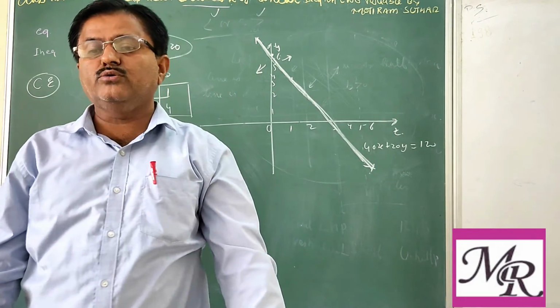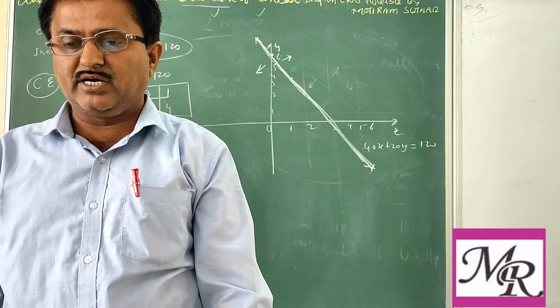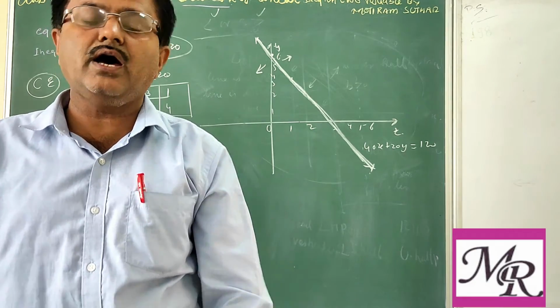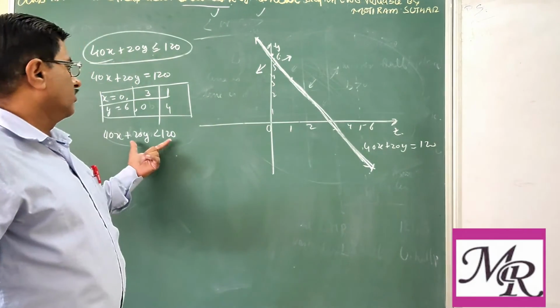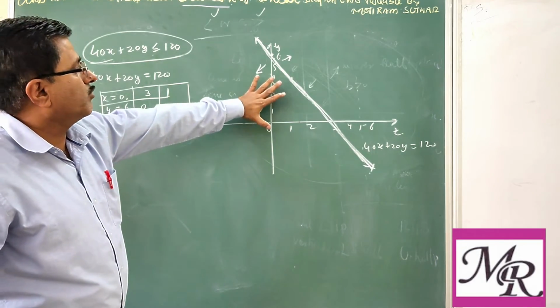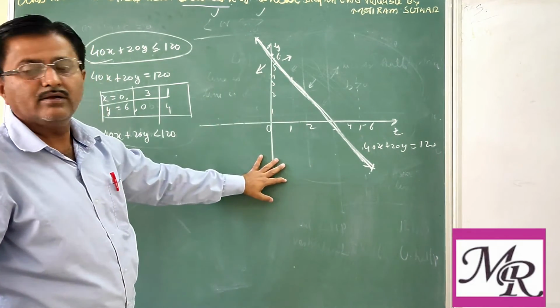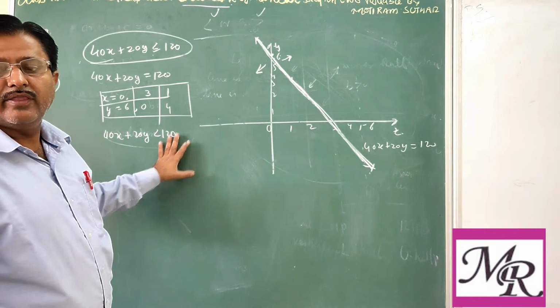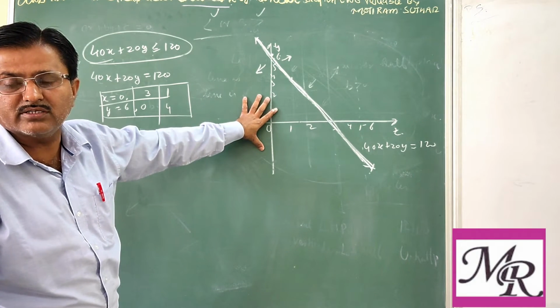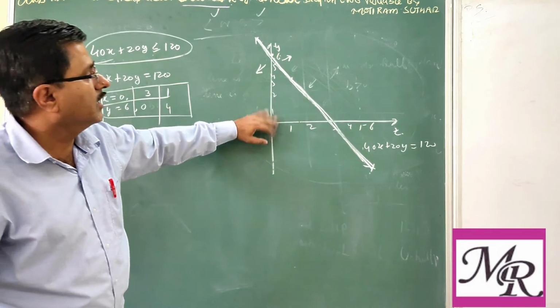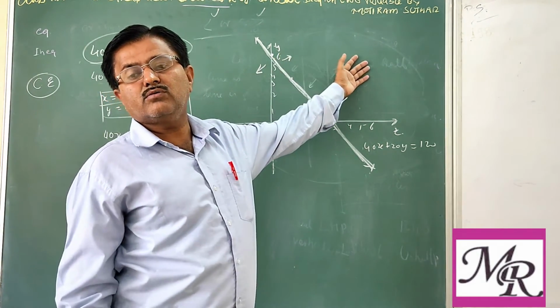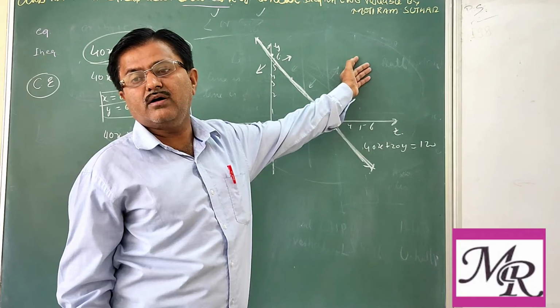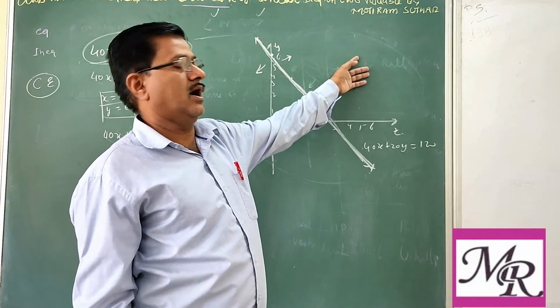For that we have to take any point of any region and put it in the given inequality. You may take one point from this side and put it here. If it is satisfied, then the solution will be toward this side. If not, then the solution will be toward the other side of the non-vertical line.